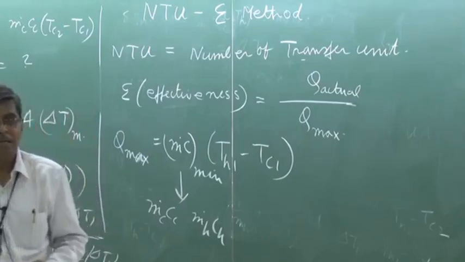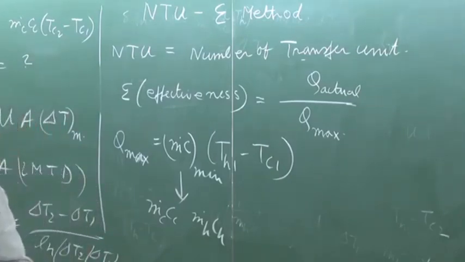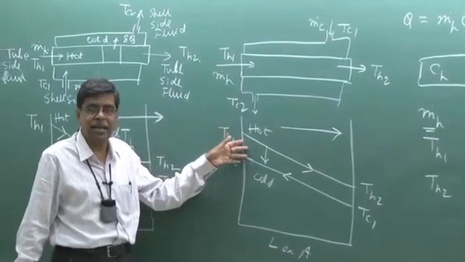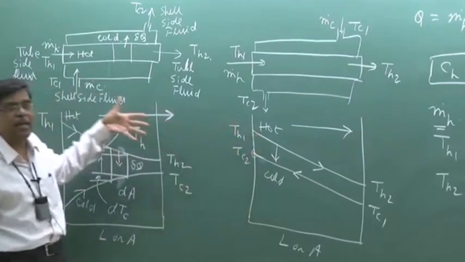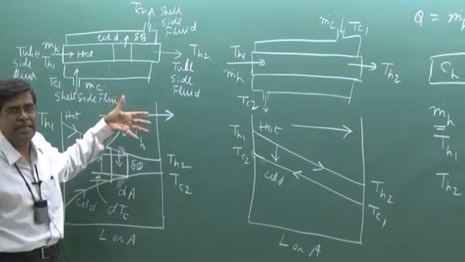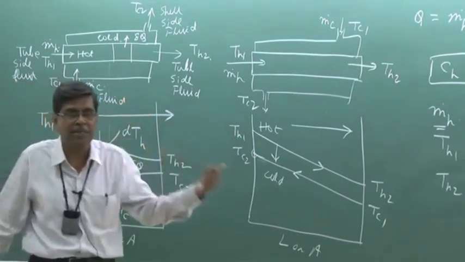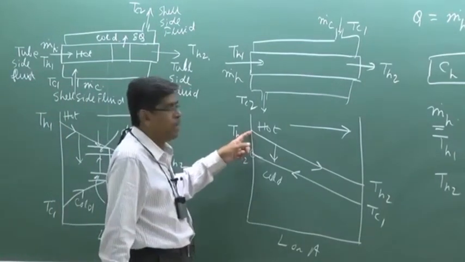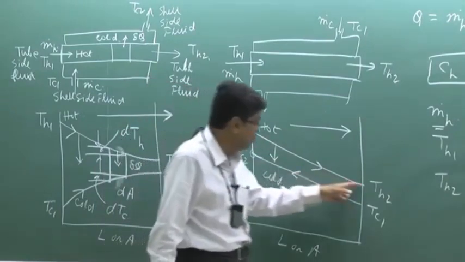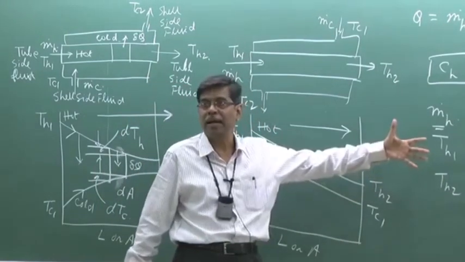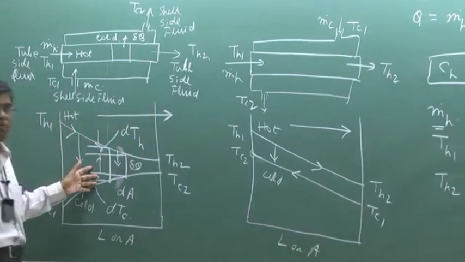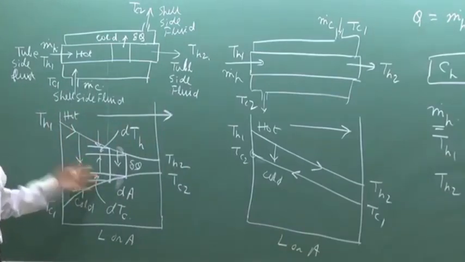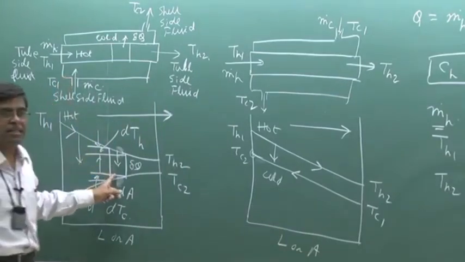One thing, this is never achievable in a parallel flow. In a counter flow, like a reversible process, it can be achievable if we make an infinitely long exchanger. In a limiting case, like a quasi-static process, TC2 will reach TH1 or TH2 will reach TC1 if you give an infinitely long exchanger. But in parallel flow, even if you give an infinitely long exchanger, it will never reach.